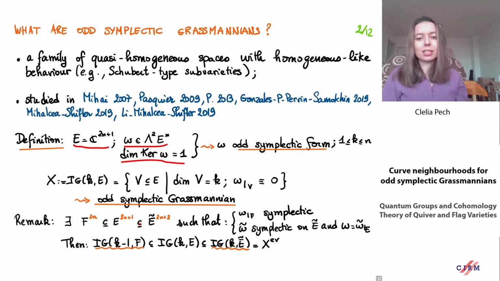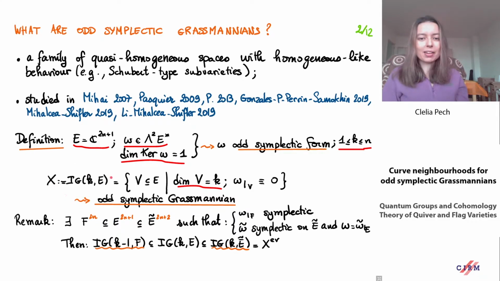So I'm taking the kernel of the form to have dimension 1. Such an omega, we call an odd symplectic form. And as with symplectic Grassmannians, we're going to fix some integer k, which will be the fixed dimension of our spaces.